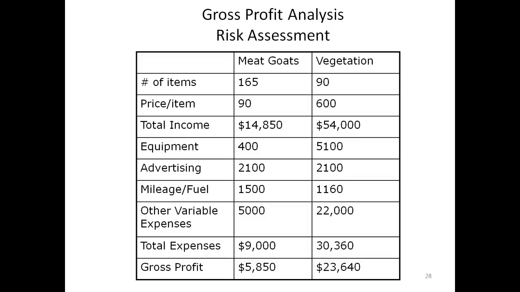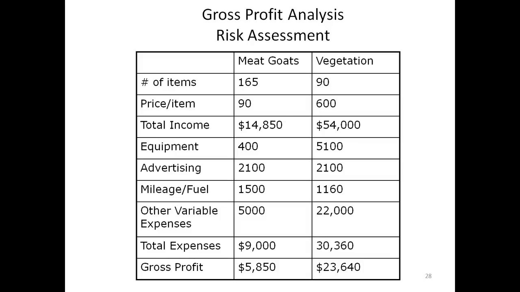But if you look at the expenses, on the meat goat side there's $9,000 of expenses, whereas on the vegetation management side there's over $30,000 in expenses. The vegetation management has a lot more potential gross profit, but it also has a lot more money invested into that operation, so it has a higher level of risk.